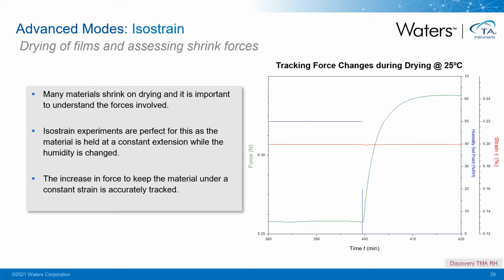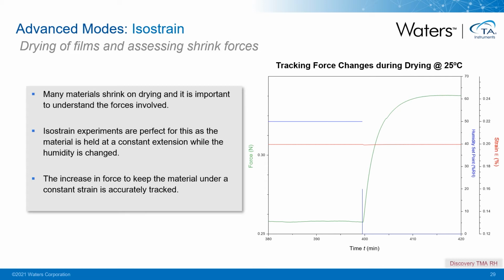The red curve is the strain. We're holding the strain at 0.2%. And the green curve is the force. You can see how the force is increasing as we attempt to hold the strain constant under 0% relative humidity conditions. The material had absorbed some water under the 50% relative humidity condition. At 0% relative humidity, it begins to release that water and it wants to shrink. So we want to measure the force that's necessary to hold this material in place as it begins to release water.